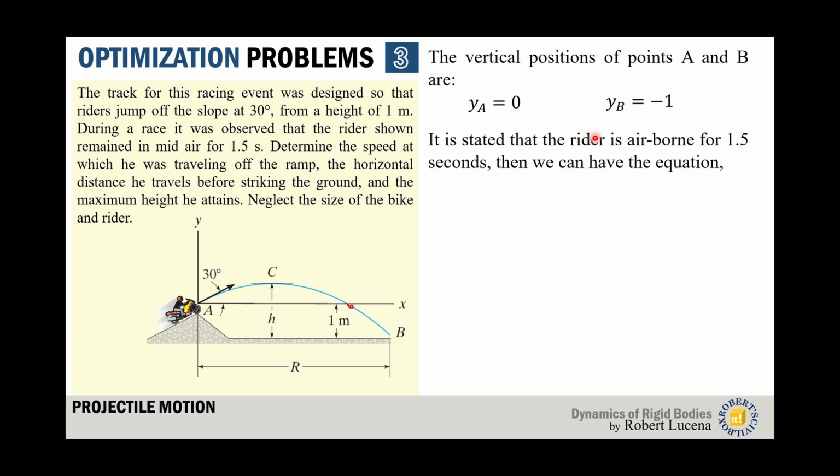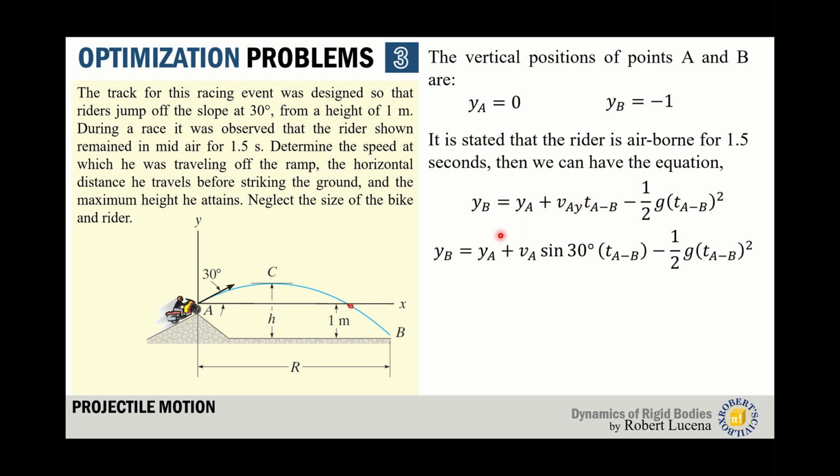It is stated that the rider is airborne for 1.5 seconds, so we can have this equation. It's practical to use this equation because the positions of points A and B are given. The time it takes to travel from point A to B is given. Then we can solve now for the initial velocity of the object, which is the racer.